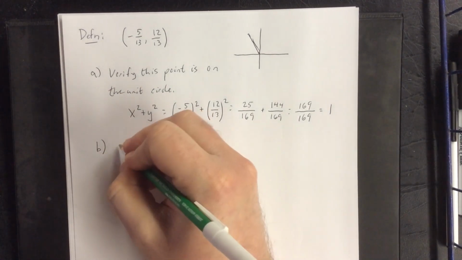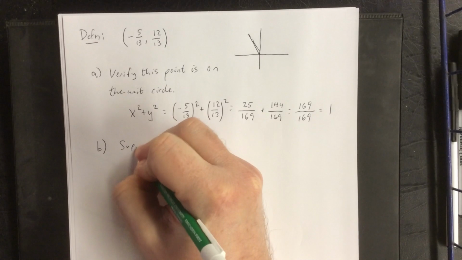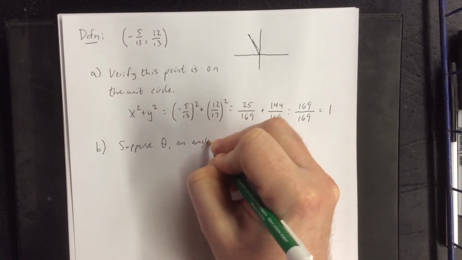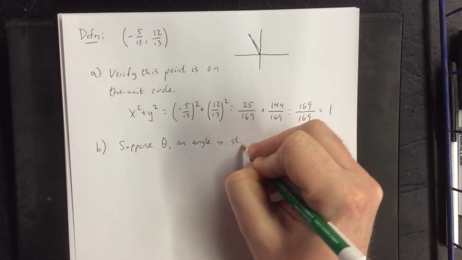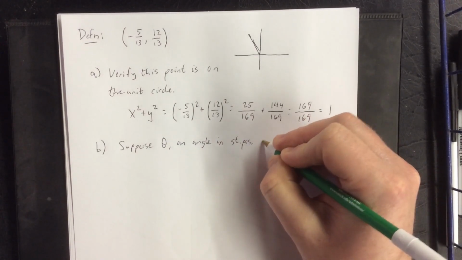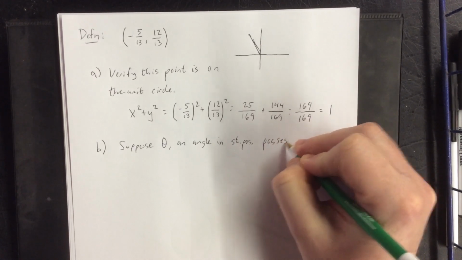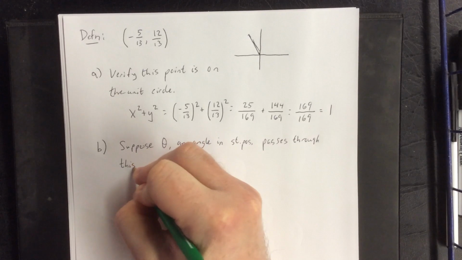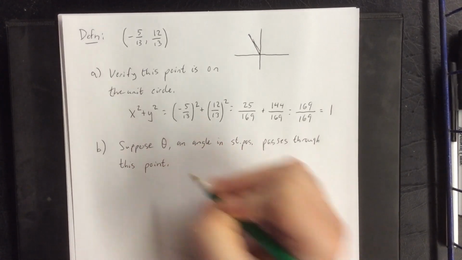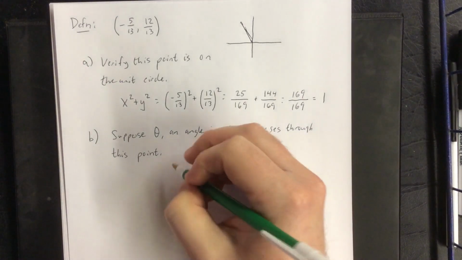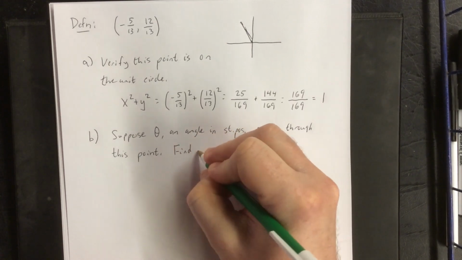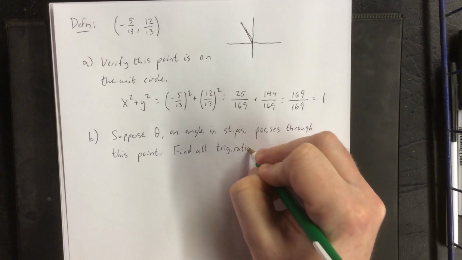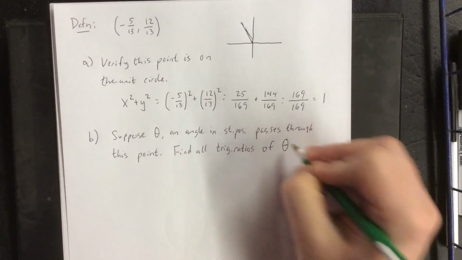Now for part B, suppose theta, an angle in standard position, passes through this point. Find all six trigonometric ratios of theta.